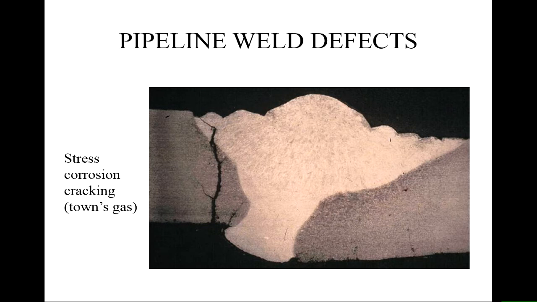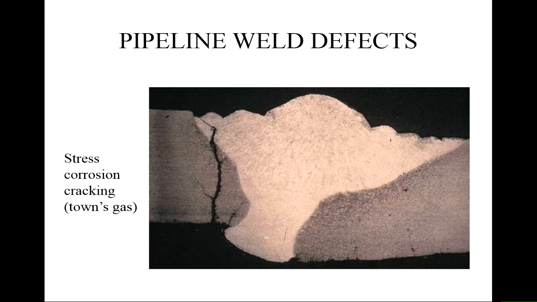What other factors must be present? Corrosion. There must be a corrosive agent, something that produces corrosion. And if these factors are met, we can have stress corrosion cracking, and we also must have a sensitized microstructure.